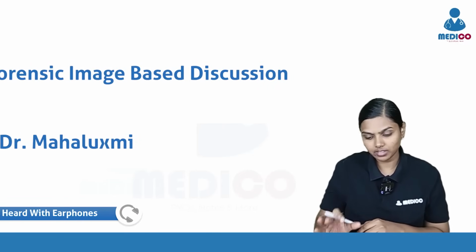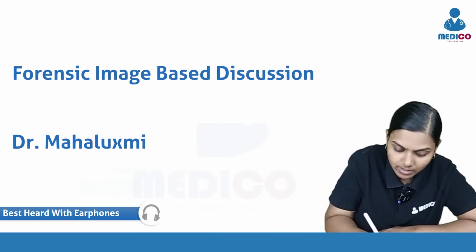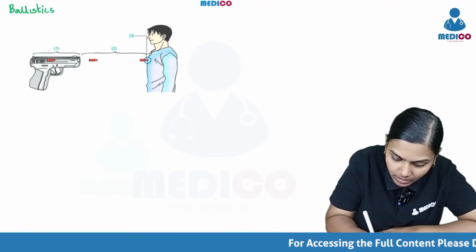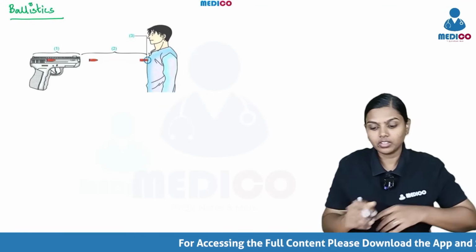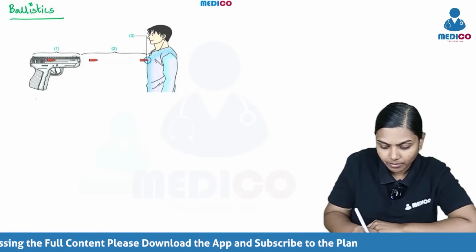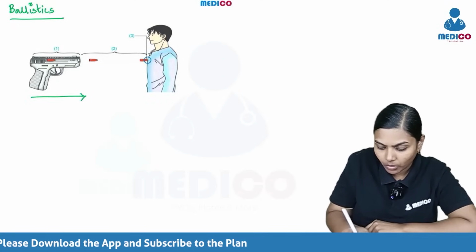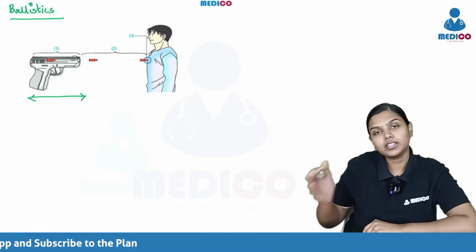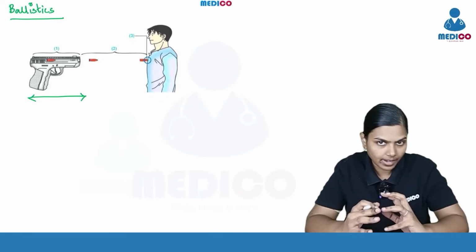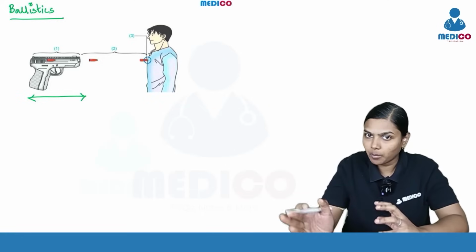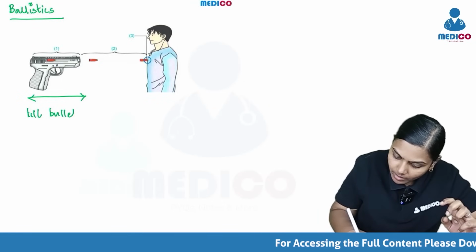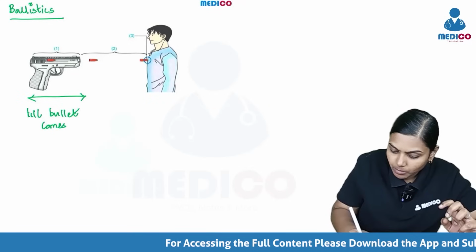Okay, so first we are starting with ballistics. If you look here, this one means when the bullet is coming out of the gun, whatever the mechanism that is happening inside the gun till the bullet comes outside.